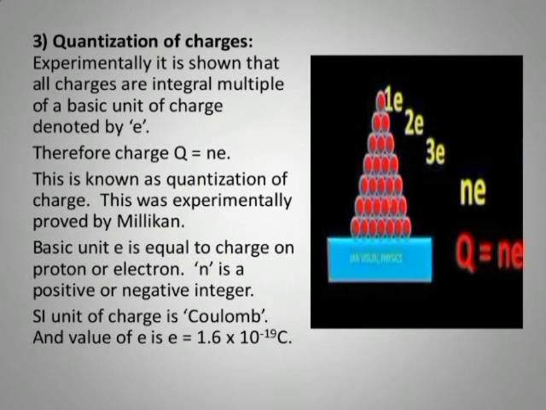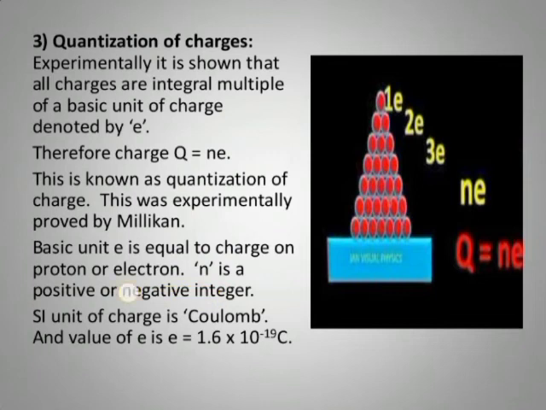So you are not going to get any fractions. 1 by 2, 2 by 3, these kinds of things you're not getting, because electrons are whole numbers, you're going to get whole numbers, never half or quarter. So the charge q = n e, where n is the number of charges you are going to consider. The basic unit e is equal to the charge on the proton or electron.